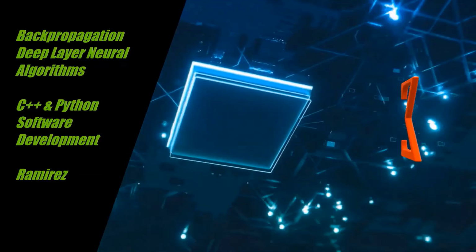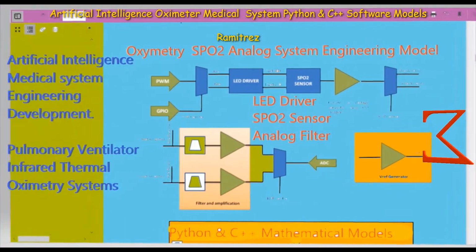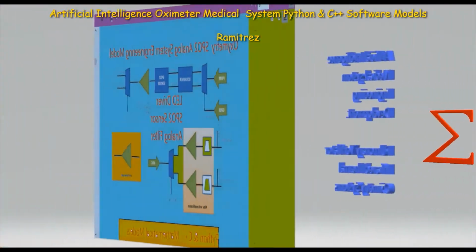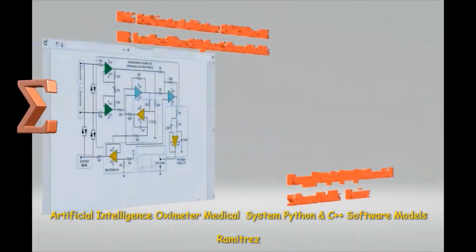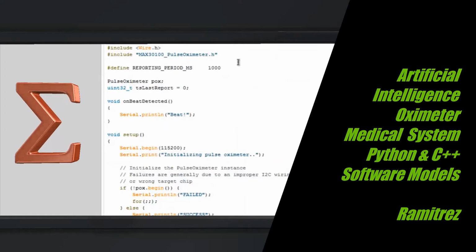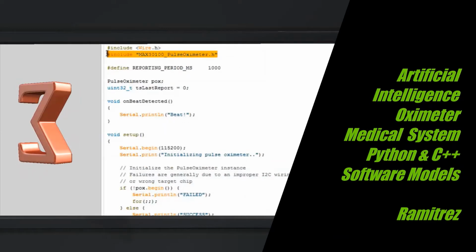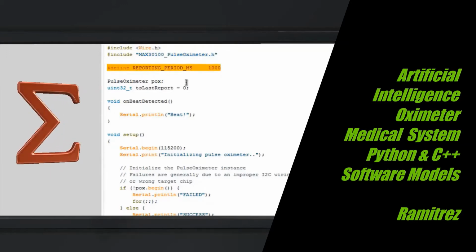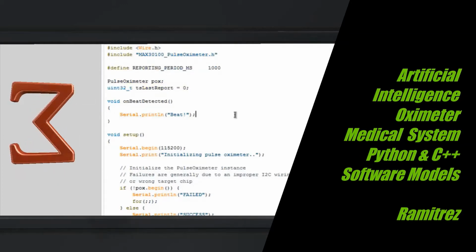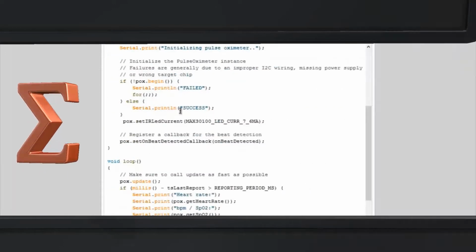The two wavelengths are shone periodically on the tissue of interest, and a photodiode detects the light that is either transmitted or reflected by the tissue. Because of the pulsatile nature of arterial blood, the light detected also has an alternating intensity level, which can be used to determine arterial oxygen saturation.